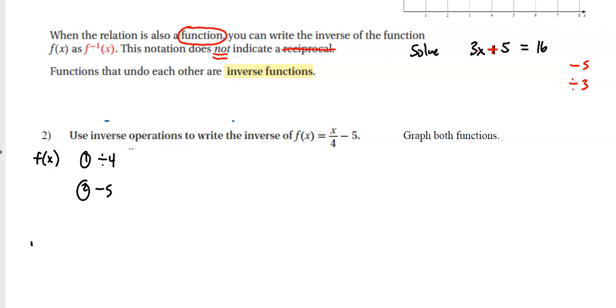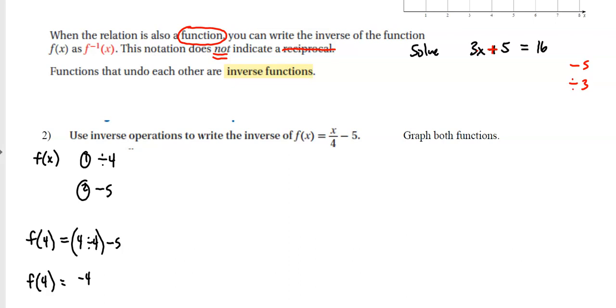So for instance, if I said, what is f of 4? When you stick 4 in there, you would do 4 divided by 4, get an answer, and then you would subtract 5, and you would get an answer of negative 4. All right, so this is just straight up as it is.